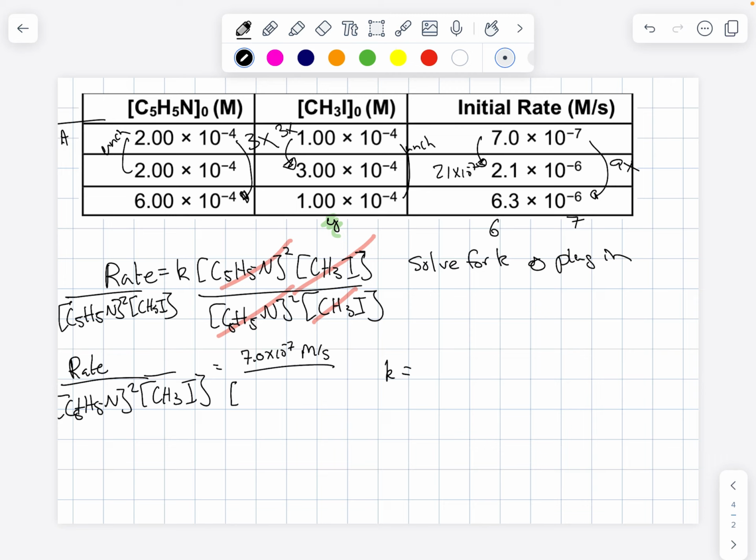And then on the bottom, I have C₅H₅N, 2 times 10 to the negative 4, and CH₃I, 1 times 10 to the negative 4. Sorry, I'm writing my units wrong here. This is not molar per second, but just normal molar.